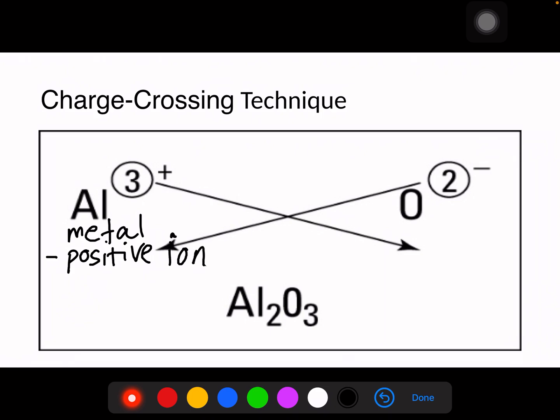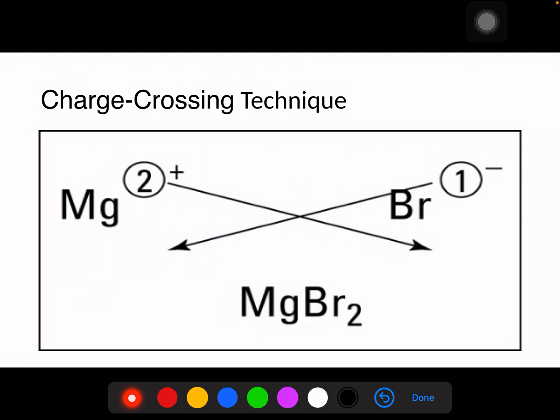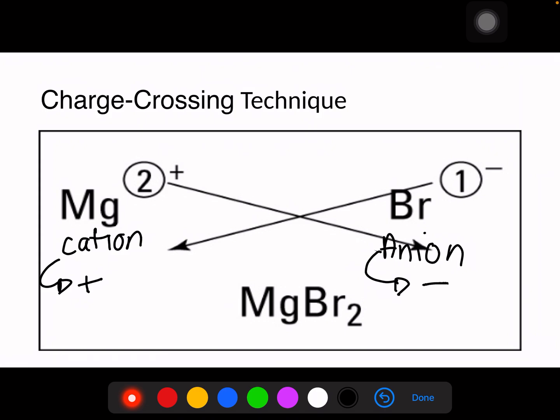So you will always see a metal as a positive ion and a non-metal on the right side. So cation and anion. So cation is positive, anion is negative. Okay? Cation, or all metals, are cations, so they will always be positively charged when they exist as ions. Okay?